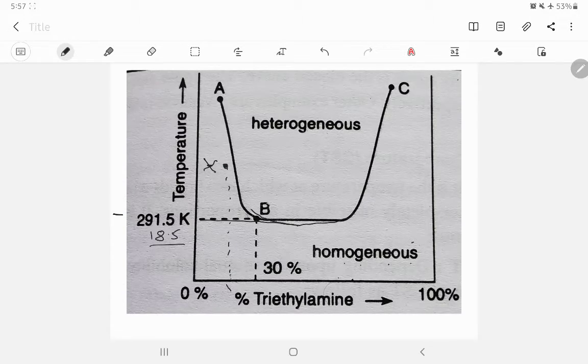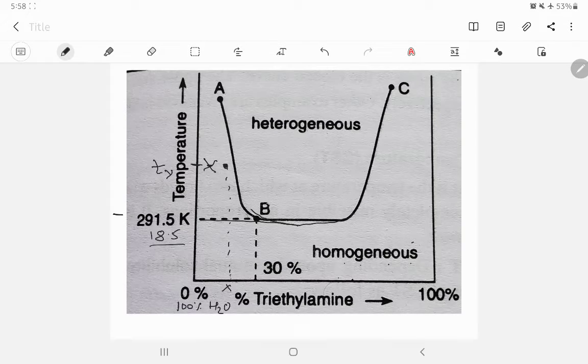Suppose this is the composition denoted by X. Composition X at this particular temperature, suppose Tx, is a homogeneous solution of triethylamine in water.